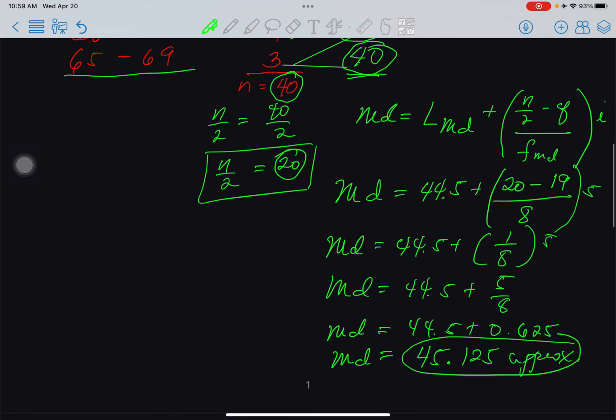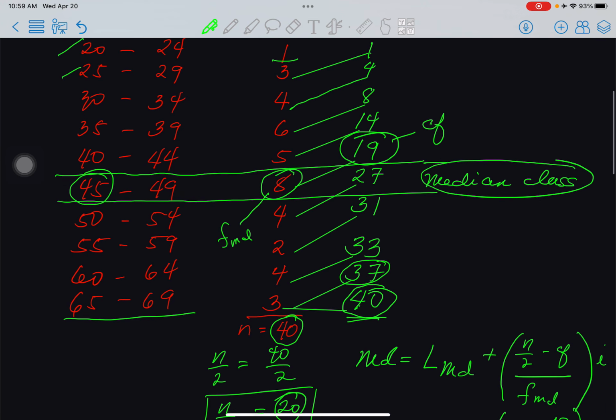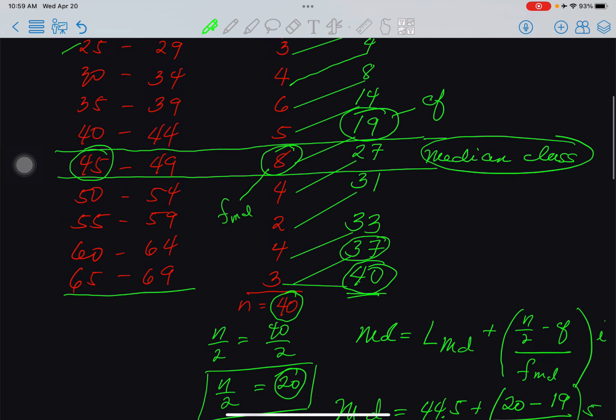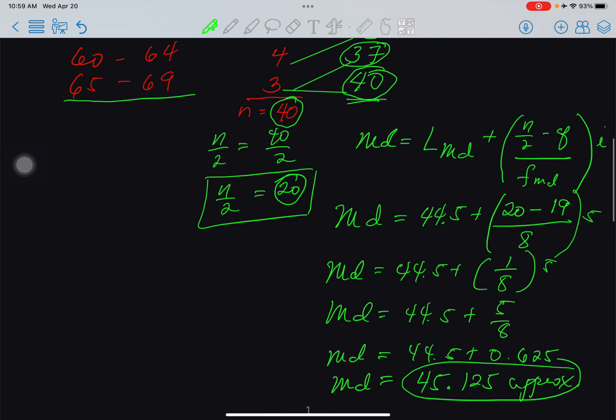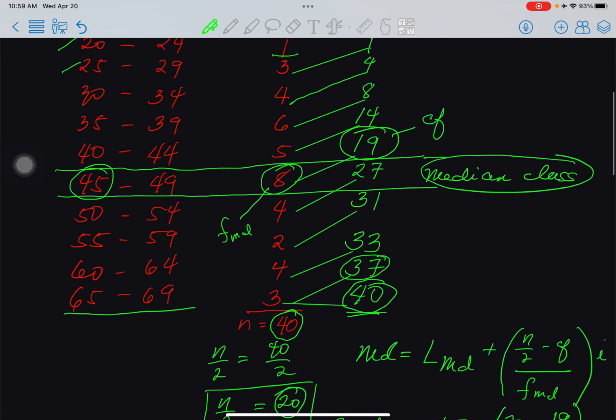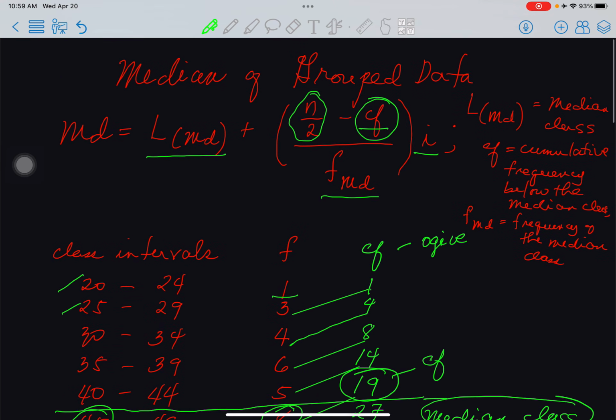Now let us take a look at the class interval. Based on the definition, the median class is the class interval where you can find your median. Here, our median is 45.125, and it can be found in your range 45 to 49. So this is the step on how to find out your median.